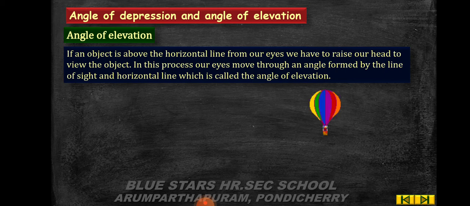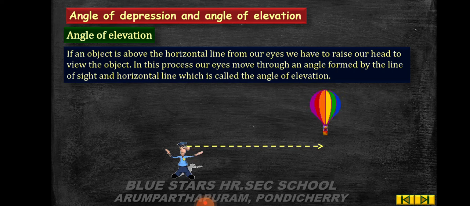Here we can see one parachute balloon and there is one person standing. This is called the horizontal line, that is the horizontal line from the eye of the person.